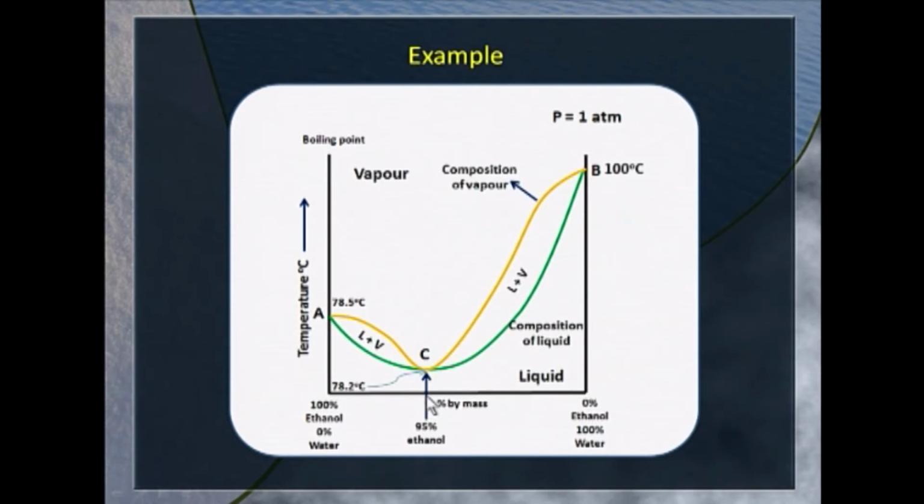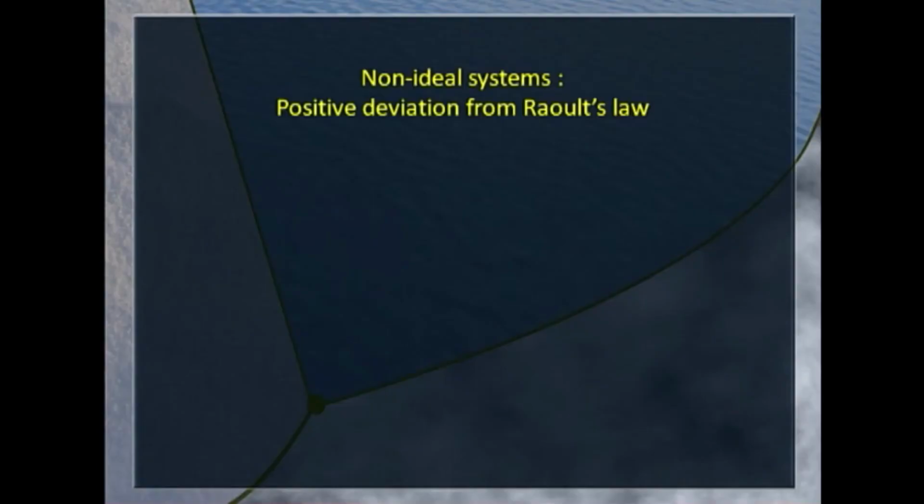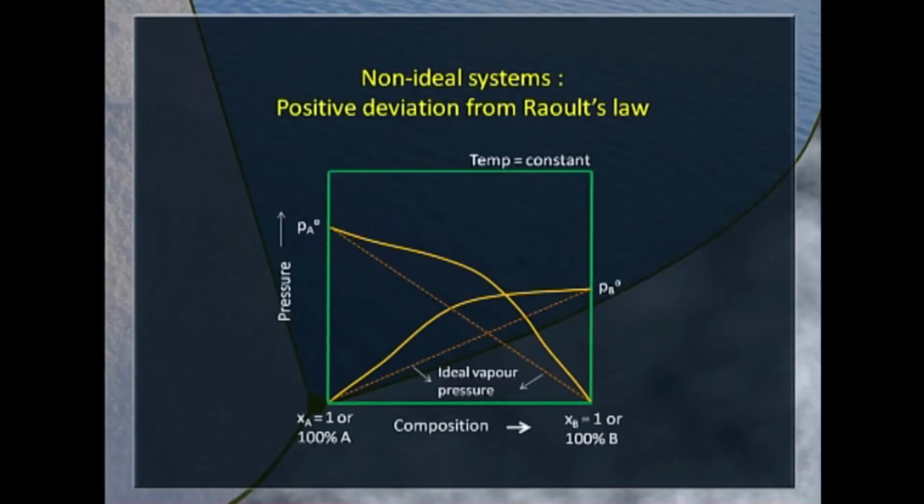Let us start with non-ideal systems, the systems which show positive deviation from Raoult's law. A pressure versus composition diagram is here. You can see both the liquids show vapor pressures that are much more than their ideal vapor pressures as expected from Raoult's law, which are shown by the dotted line.